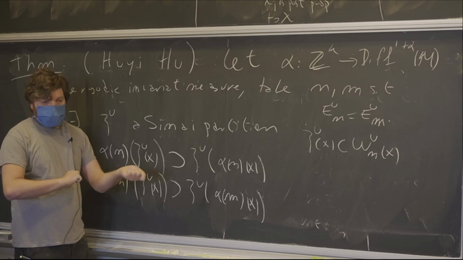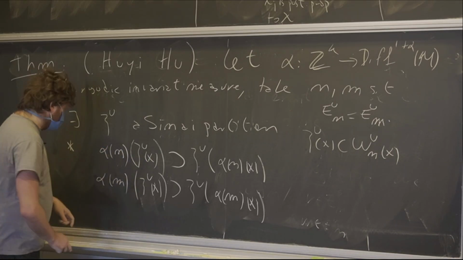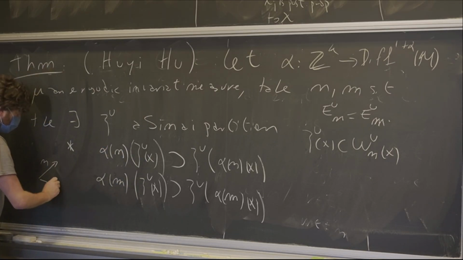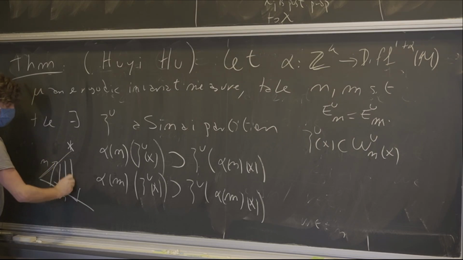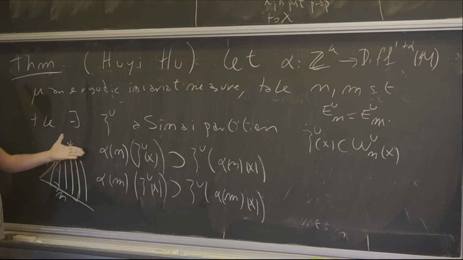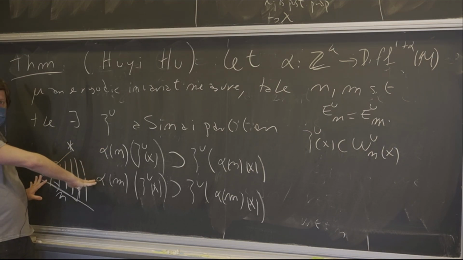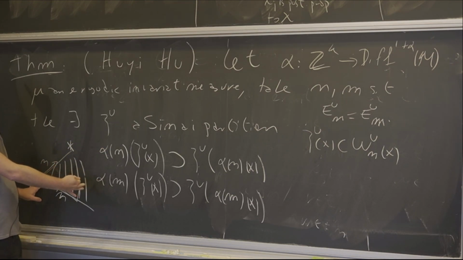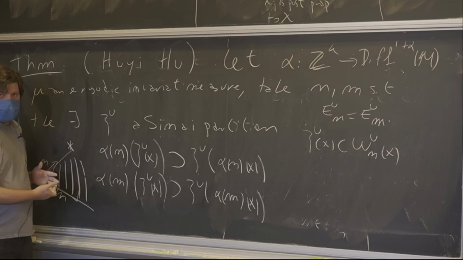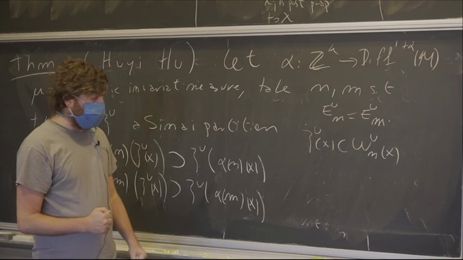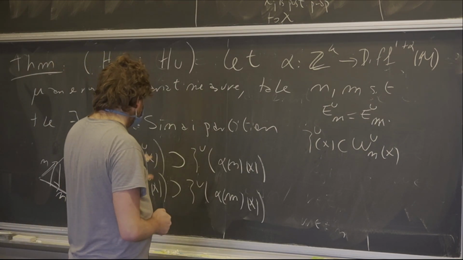And then you start doing all possible combinations of n and m's. So if this is the n direction, this is the m direction, actually you are doing k times here, then sometimes n here, so you have the whole cone. And this very property is telling you that the partition works for all the guys in the cone. And knowing that, you prepare yourself to make it invariant by the whole cone. And you enlarge so that it fits the whole cone. And well, you work a little bit, as I said, and you finally get it.